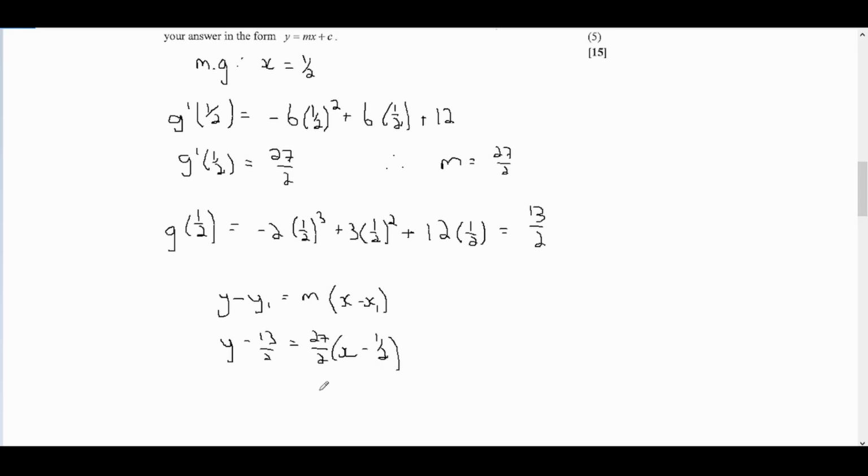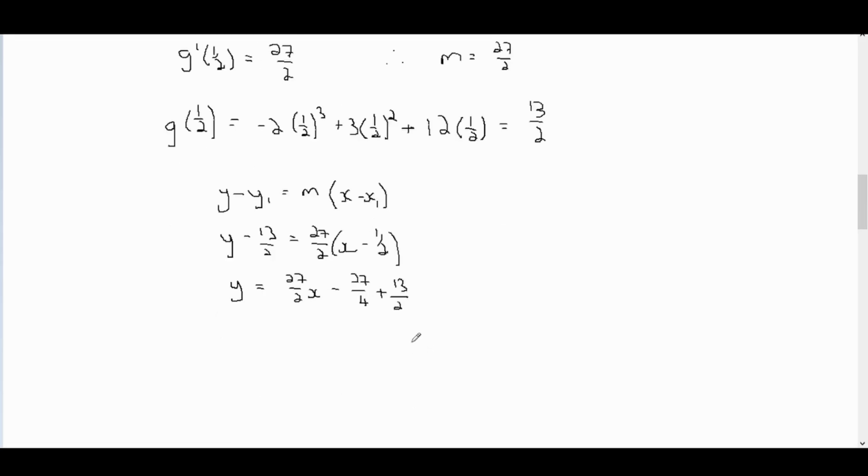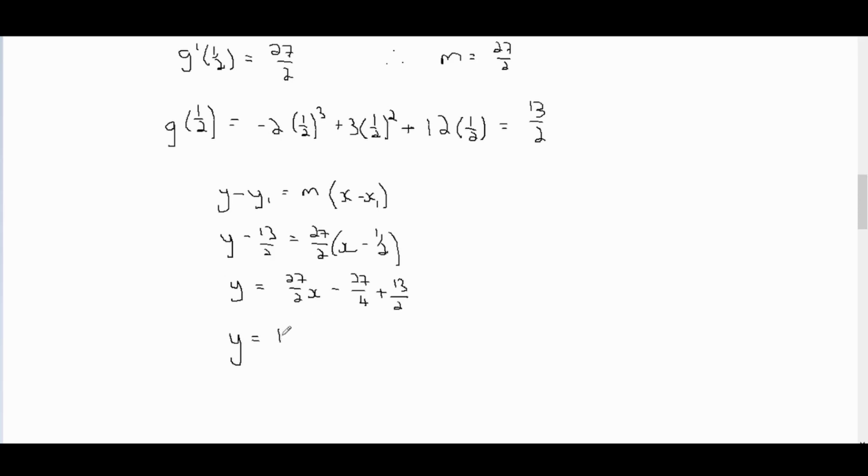We then simplify from here. So we have y, and then we'll take the 13 over 2 over, and we'll multiply this in, so it becomes 27 over 2x minus 27 over 4, and this becomes plus 13 over 2, and then y equals 27 over 2, which is the same as 13.5x.